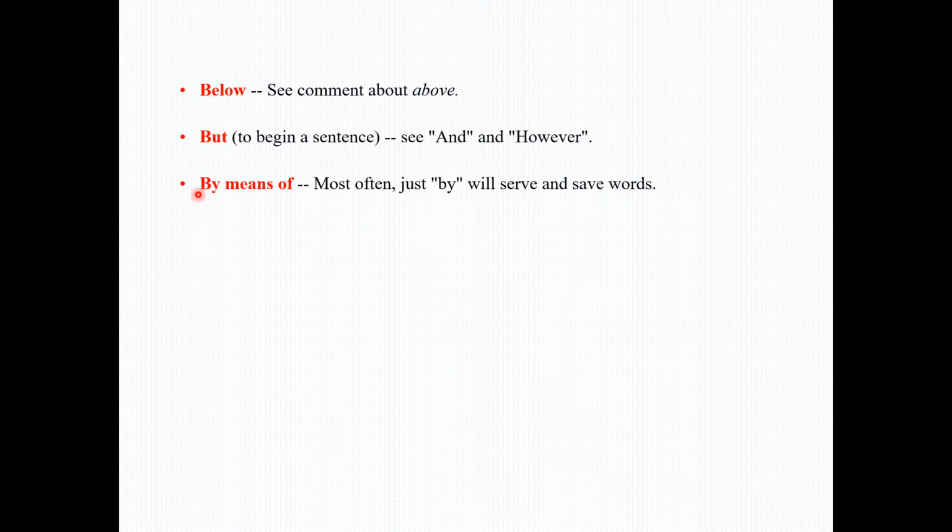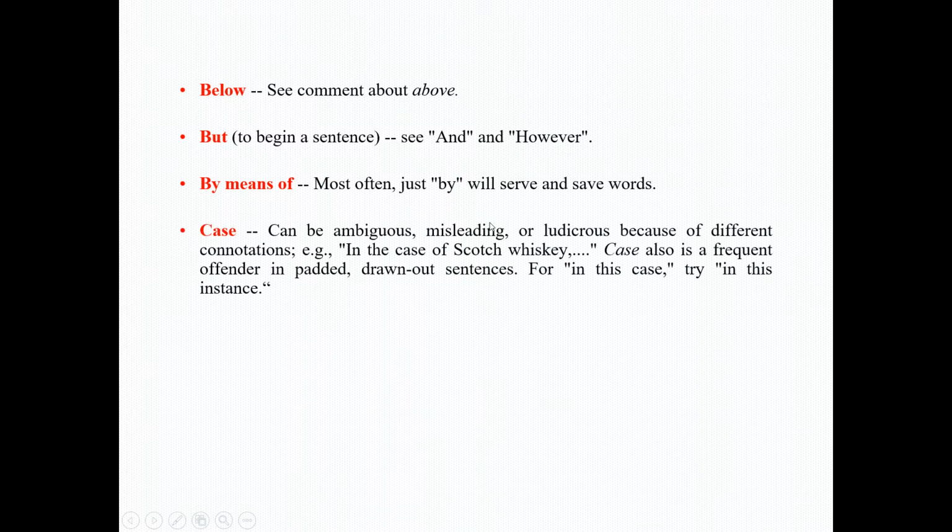If you have the phrase "by means of", you can simply replace it with the word "by", and it will save a lot of your words. Similarly, if you have "but" and you want to begin a sentence, you should utilize "and" or "however". This is how you can control your words and make your manuscript flow smoothly.